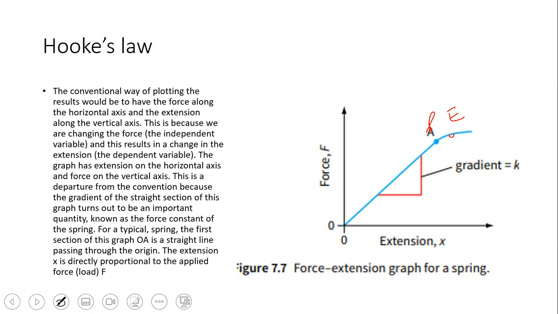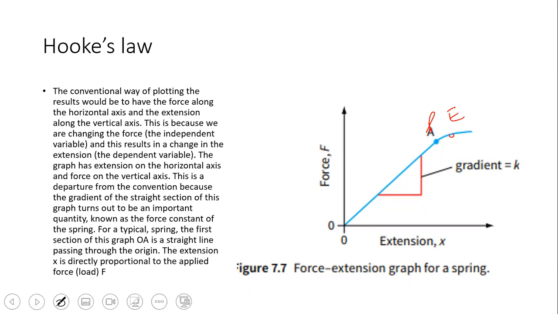After the elastic limit, force and extension are no longer proportional, but you still don't have permanent deformation. After you cross the elastic limit, you are now going to have possible permanent deformation. So point P is the limit of proportionality.